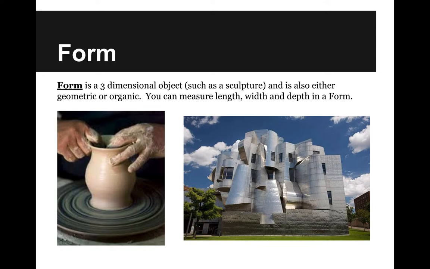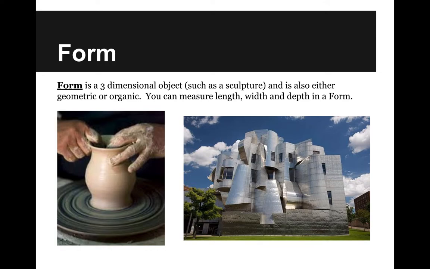But you can also have organic shapes that don't follow those same rules, that are much more nature-like rather than a rectangular prism or a cube or a sphere, having those specific names.